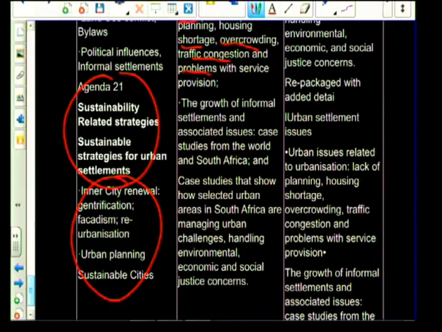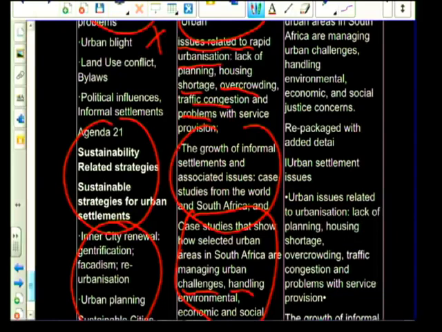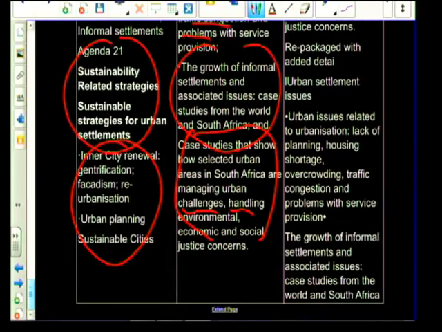All right? We're looking here again at problems of the informal sector, or case studies to show selected areas, challenges and handling environmental, economic and social justice and injustice concerns.